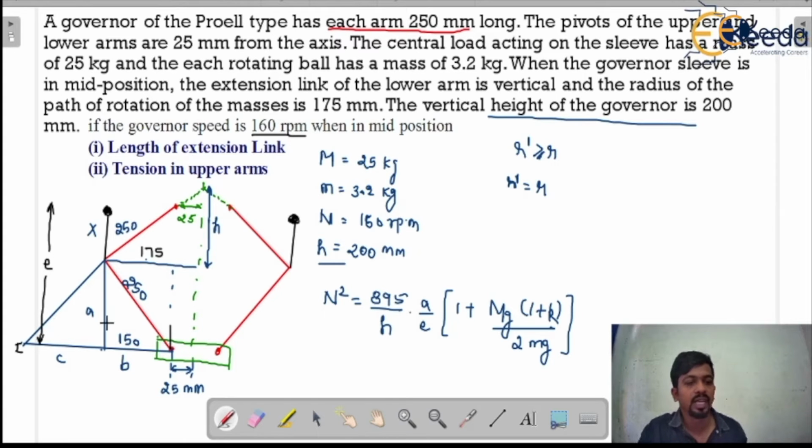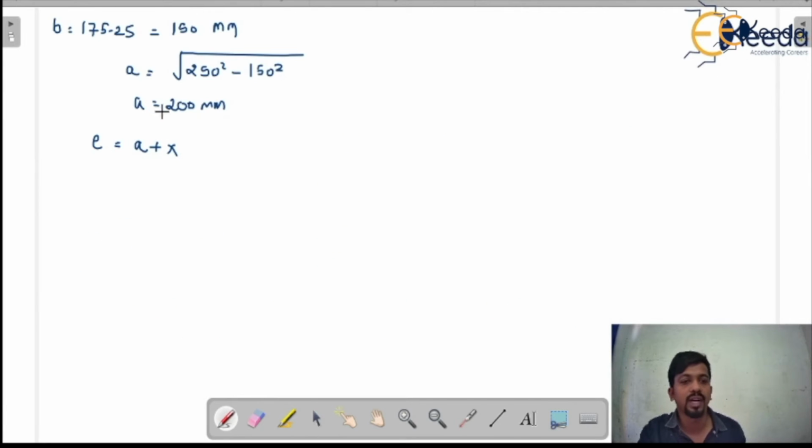So E is equal to A plus X. We have calculated the value of A, that is 200 mm, so E equals 200 plus X. Now we need to calculate the value of X. This is the first part of the question.